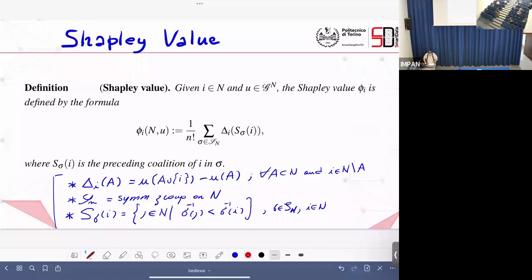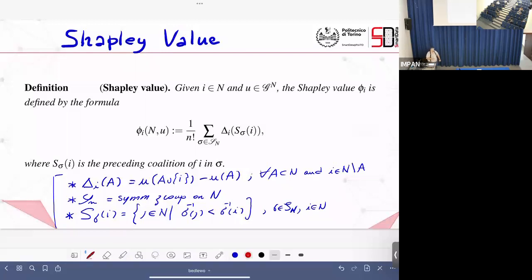What is delta i? Delta i is what is called the marginal contribution. So I take A and I measure how much the worth of A increases if I add the player i. In the example before, the single player has value 0, then you add another player, the nephew, and the value goes to 1. So in that case, it's the symmetric group, and these are the preceding coalition, preceding i.